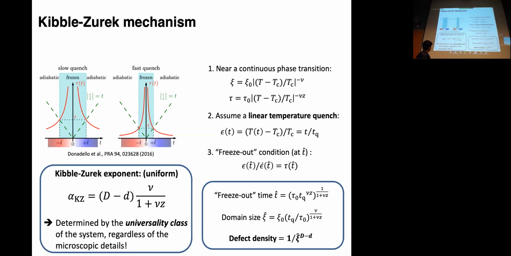What that says is that the Kibble-Zurek exponent should essentially be determined by the symmetries of your system. And since I only have 4 minutes left, I'll try to rush through things.